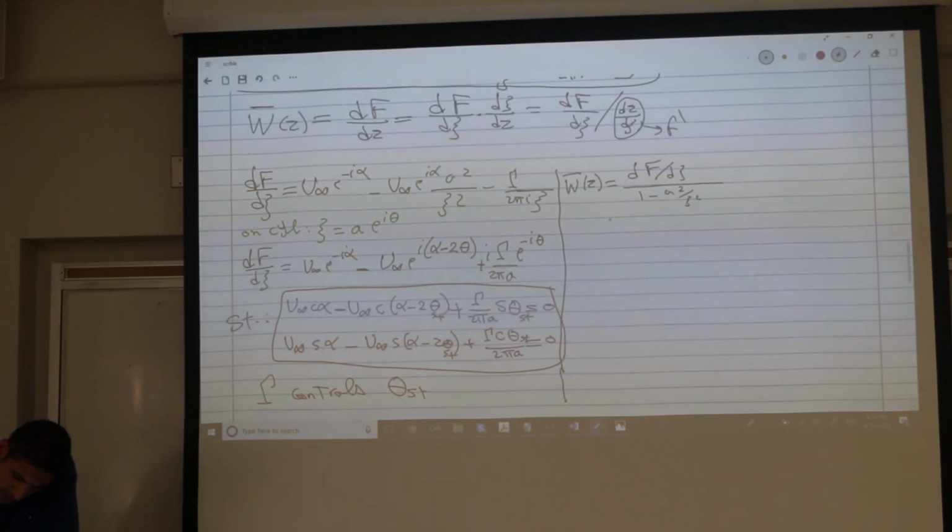So let's do this. I'll multiply up and down by zeta. So I have u infinity e to the negative I alpha zeta minus u infinity e to the I alpha a squared over zeta, minus gamma over 2 pi I over zeta minus a squared over zeta.